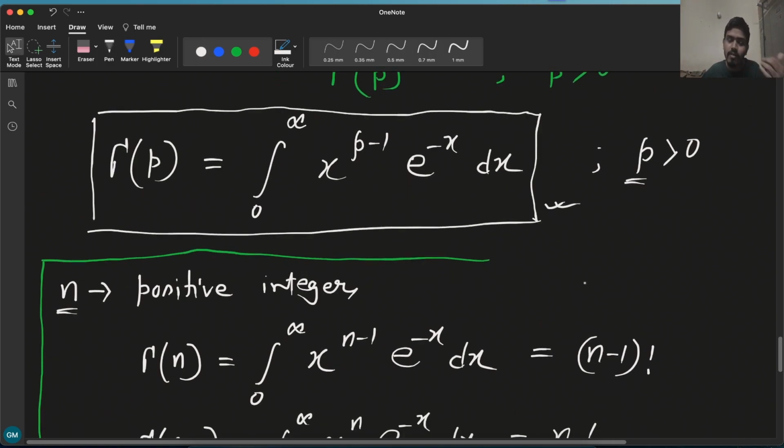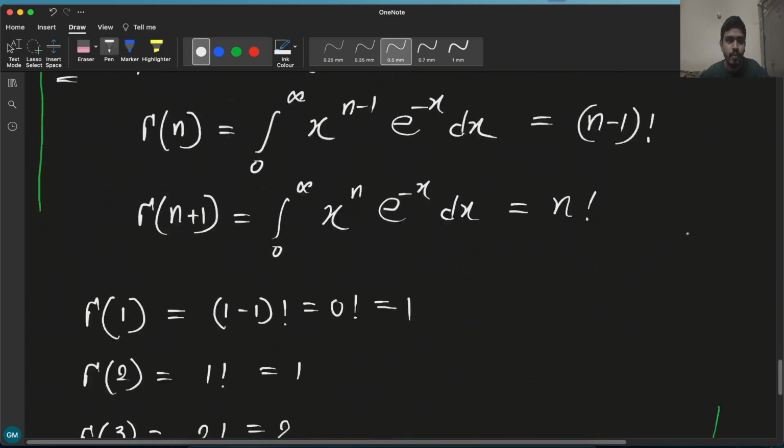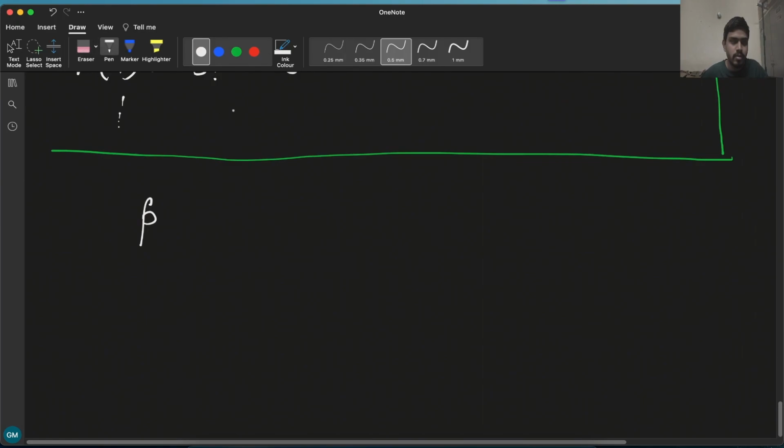It can take integral values also, it can take non-integral values also, but p should be greater than 0. So it can take any positive real value. So for p greater than 0, let me start with gamma of p plus 1.